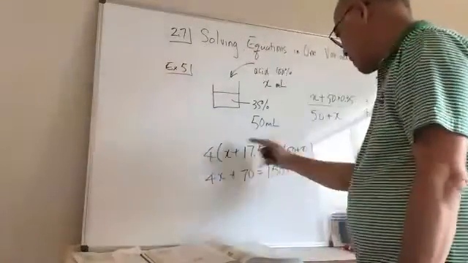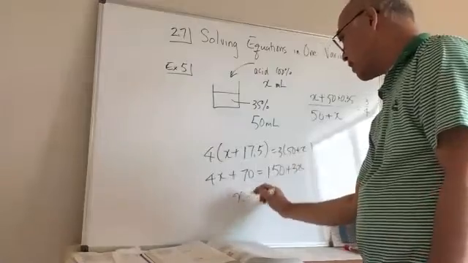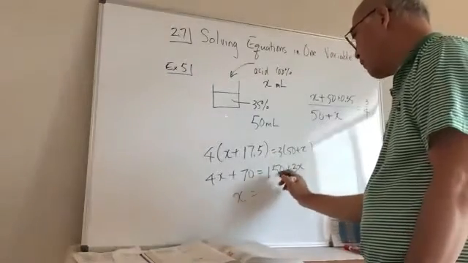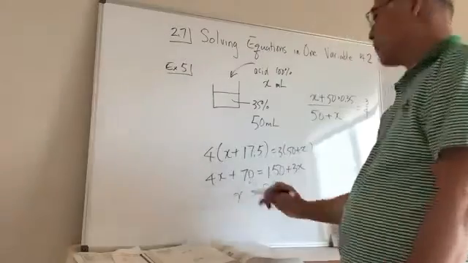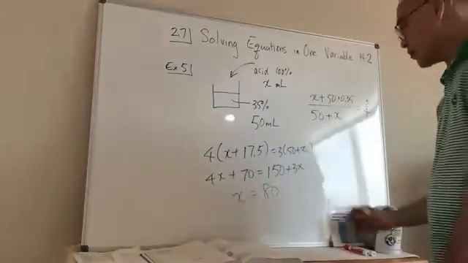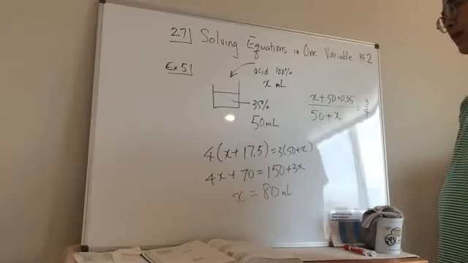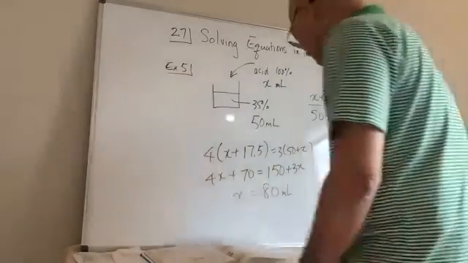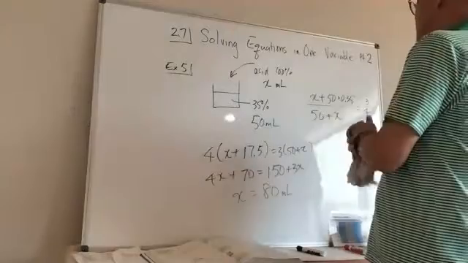If I move this over, I get 4x minus 3x, which is x. I move the 70 over, so I get 150 minus 70. X is equal to 80. So 80 milliliters is my answer. So that's example number 5.